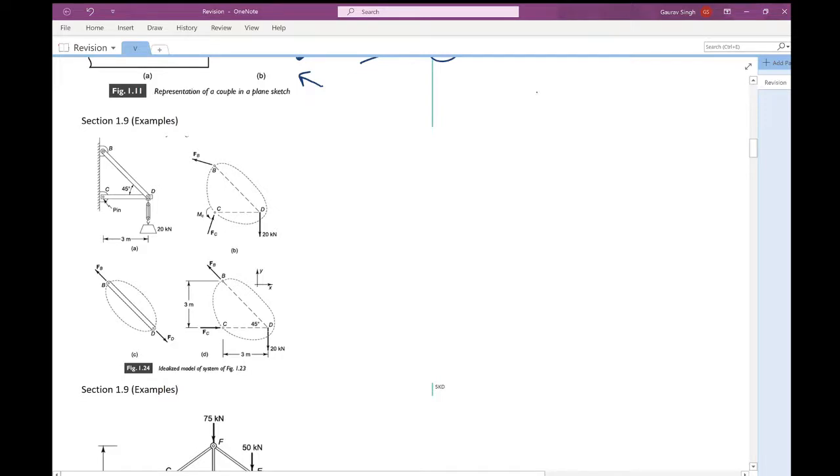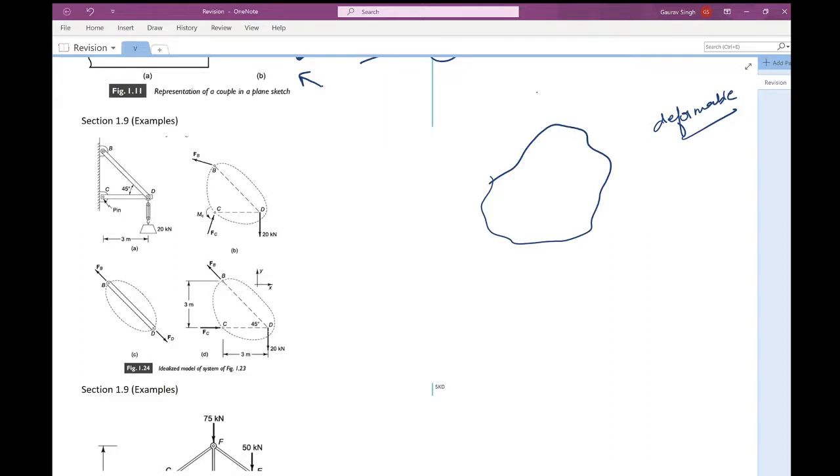So if you have a solid, say a three-dimensional solid which is deformable, meaning it is not rigid. What does deformable mean? When you apply forces on it, it will show deformation. A rigid body will not deform.